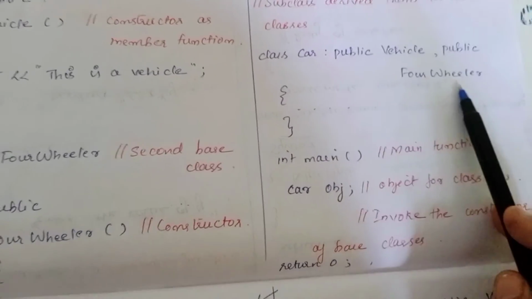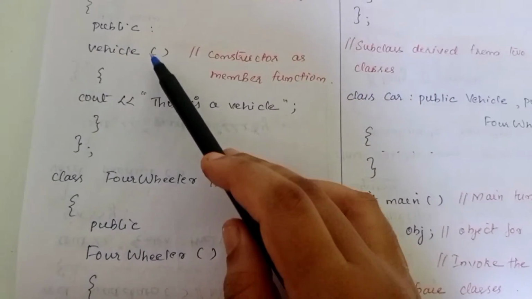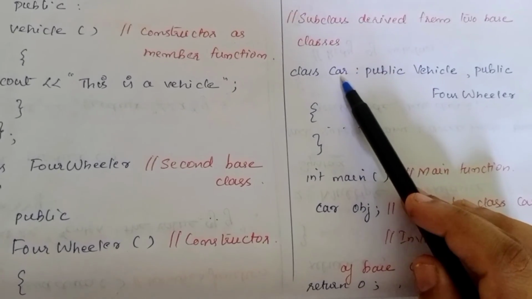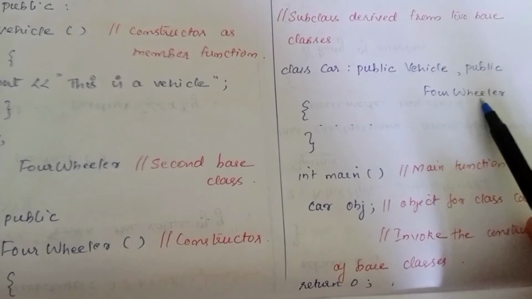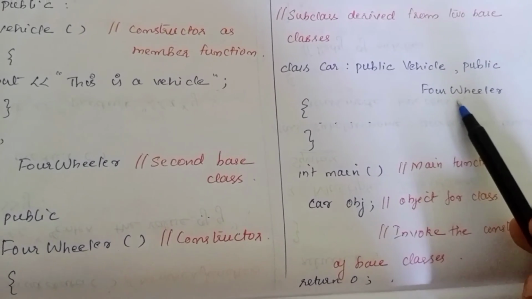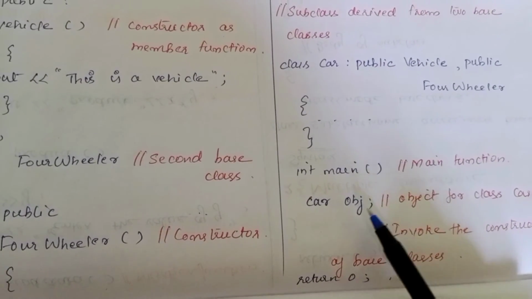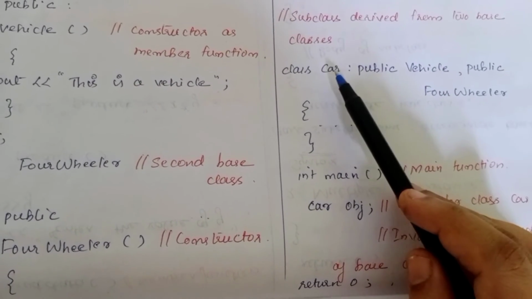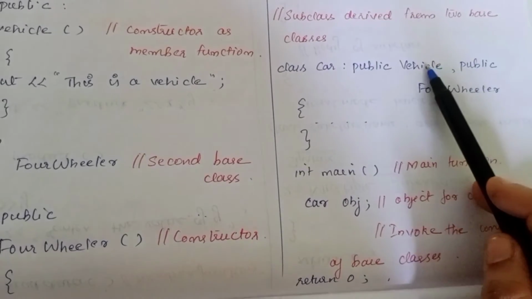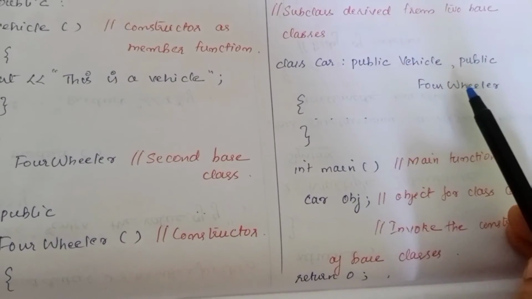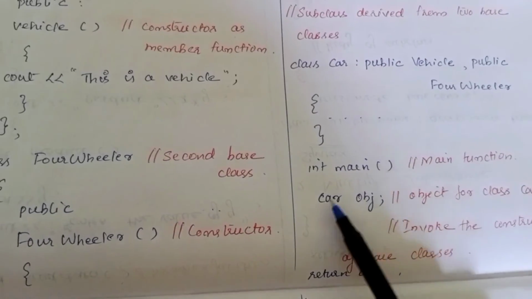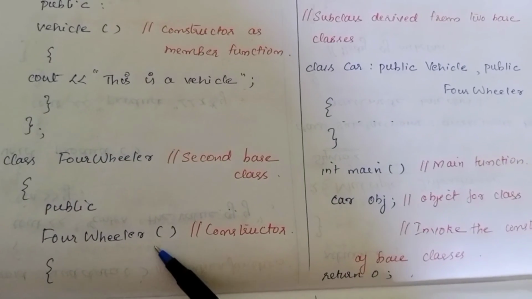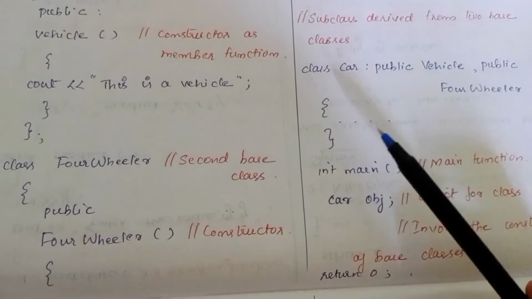The vehicle and 4-wheeler classes consist of 2 constructors. So when we create an object for this subclass, the constructors of these 2 base classes are also invoked. When we create an object for this subclass, at the same time the constructors of the base classes are invoked.